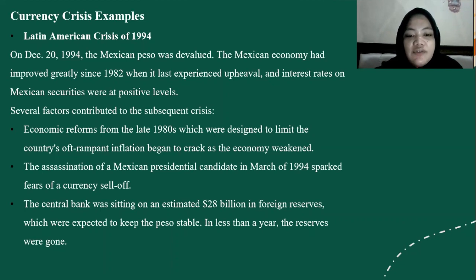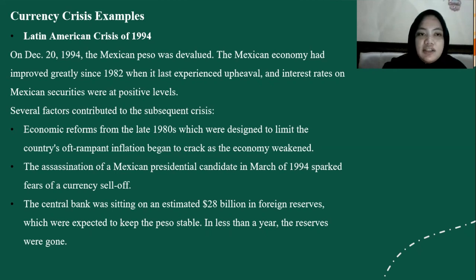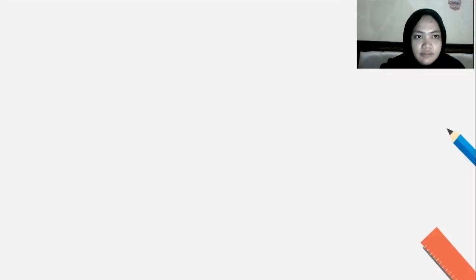This led foreign investors to push the peso exchange rate drastically lower, which ultimately forced the government to increase the domestic interest rate to near 80%. This took a major toll on the country's gross domestic product, or GDP, which also fell. So the crisis was finally alleviated by an emergency loan from the United States.